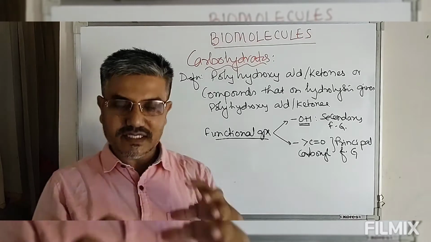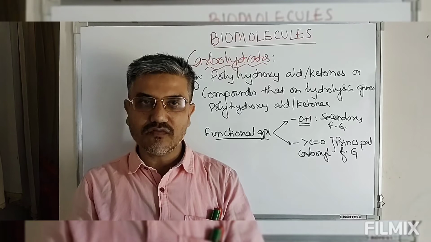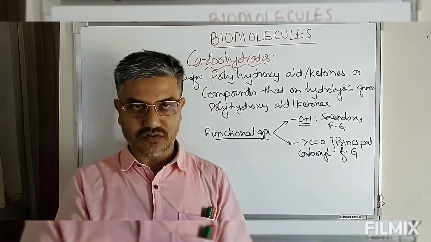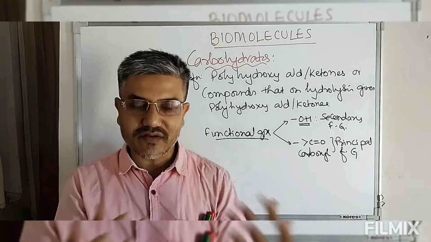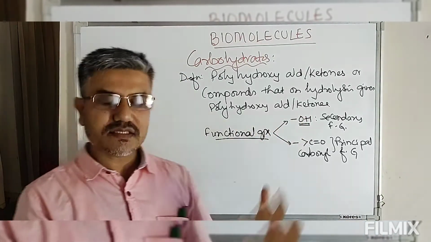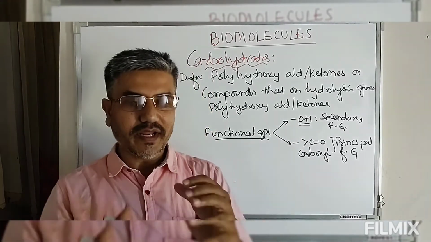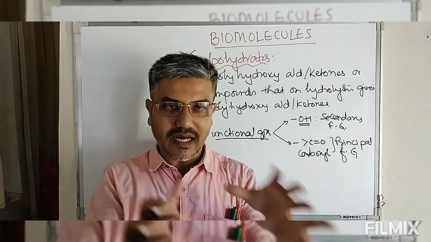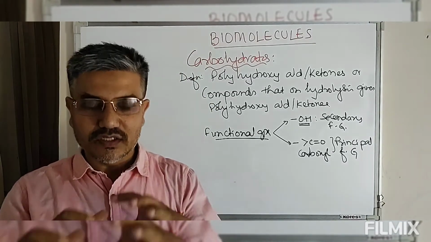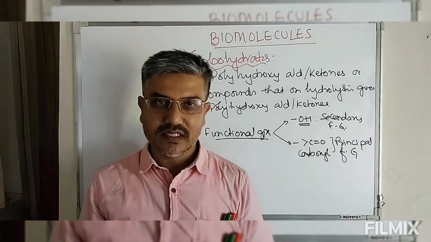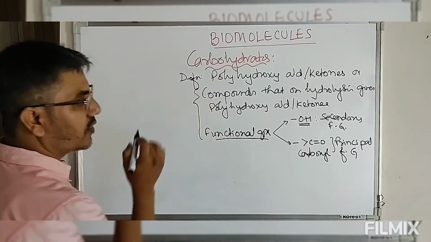So simply, these are compounds which contain an aldehyde or ketonic group along with a hydroxyl functional group, where the aldehyde or ketonic group is the principal functional group and the hydroxyl group is the secondary functional group. Or any compound which on hydrolysis gives polyhydroxy aldehydes or ketones is classified as a carbohydrate. So this is from the definition point of view.